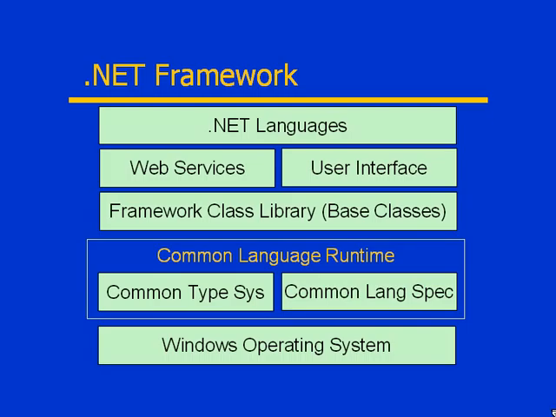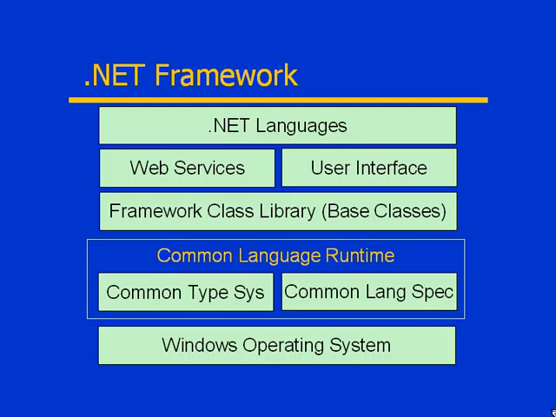Well, the way that we manipulate our data and objects using the .NET languages is by using what's called the framework class library or the .NET base classes. And this is a set of classes that expose the basic functionality provided by .NET. So we have classes such as System.Console, for example, that represents the console in a console-based application.